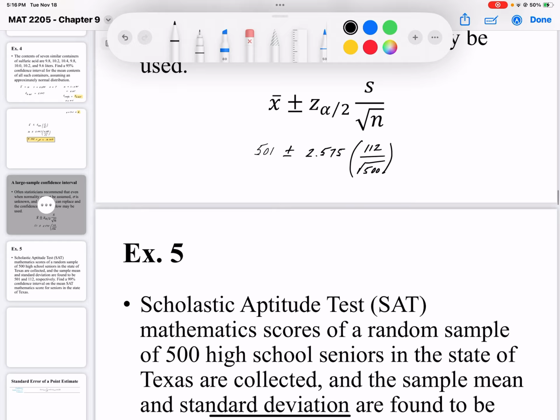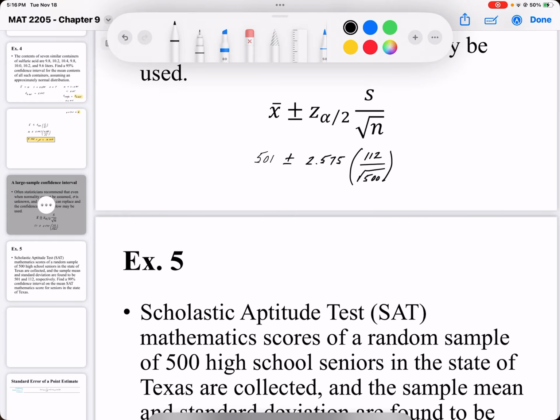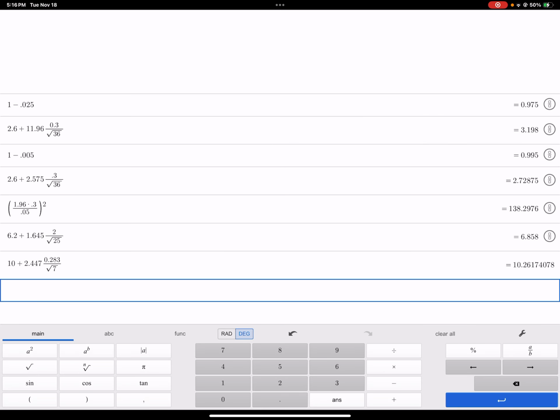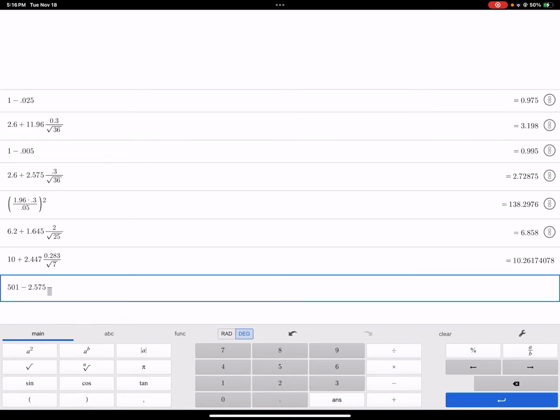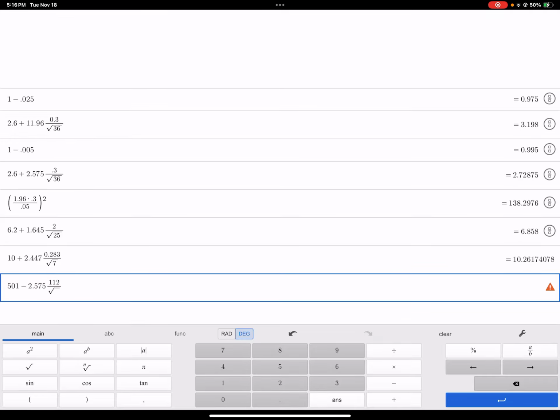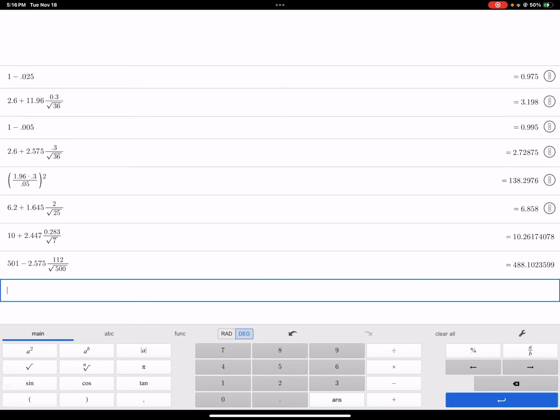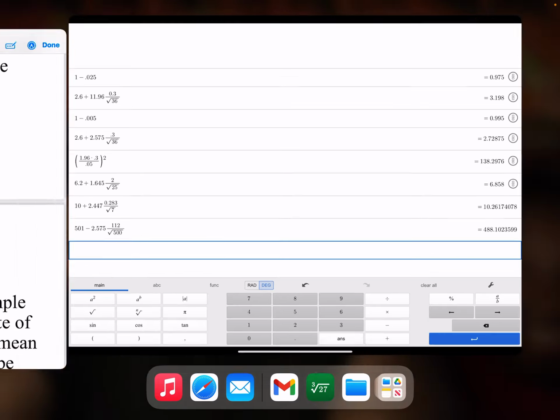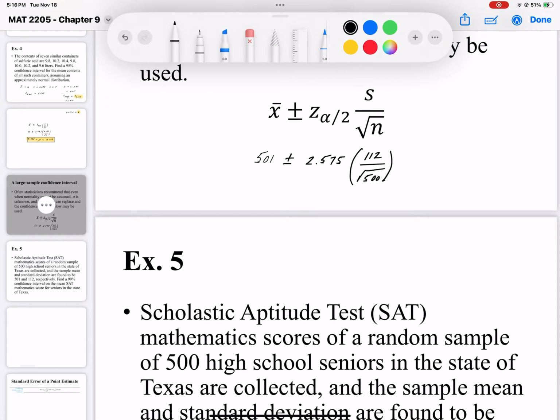Okay, let's go ahead and plug that in. 501. I'll do minus first. Minus 2.575 multiplied by the S value divided by the square root of our sample size. 488.102 is our lower bound.